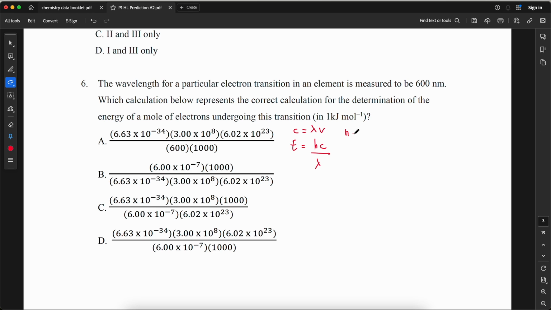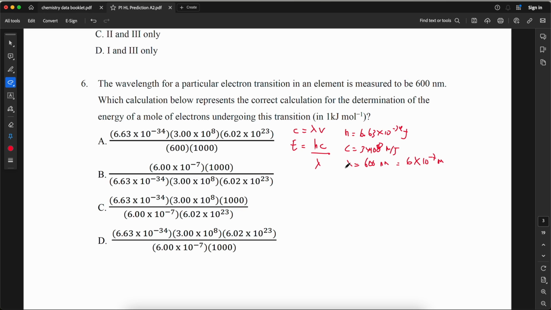So h, Planck constant, is 6.63 times 10 to the power negative 34 joule second, and speed of light is 3 times 10 to the power 8 meter per second, and wavelength is 600 nanometer. We can convert it to 6 times 10 to the power negative 7 meter.